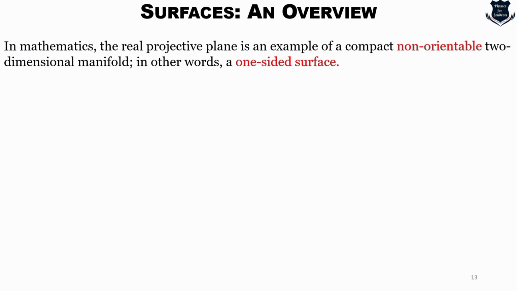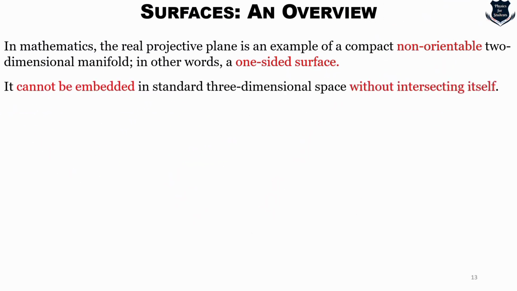Ironically, it is a surface which is very hard to realize in three-dimensional space. It is called a projective plane. In mathematics, the projective plane is an example of a compact non-orientable two-dimensional surface, in other words one which has got a one-sided surface. Now it cannot be embedded in standard three-dimensional space because it intersects itself.